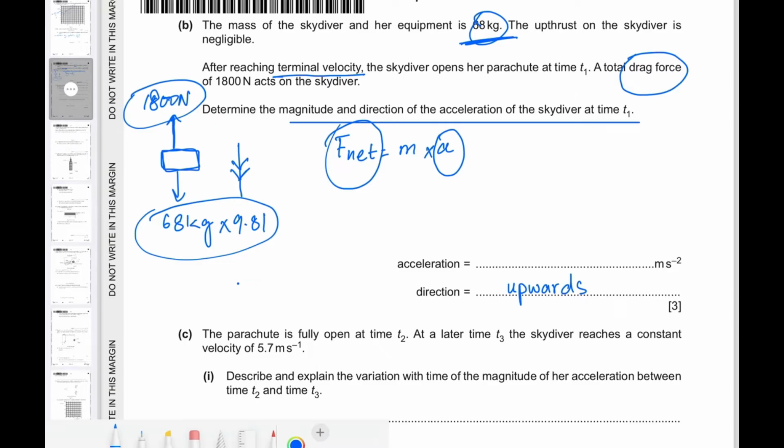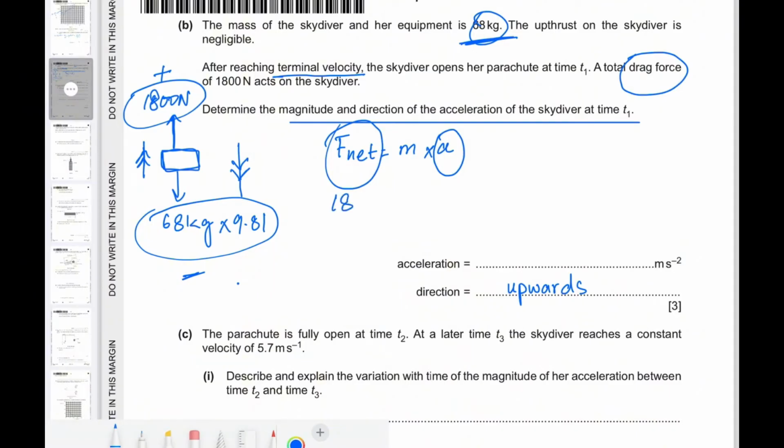Since we already know the acceleration is acting upwards, that means the upward acting force must be greater than the downward acting force, which is why I'll just take the drag force as positive and the weight as negative. You can do the opposite, that's alright as well.